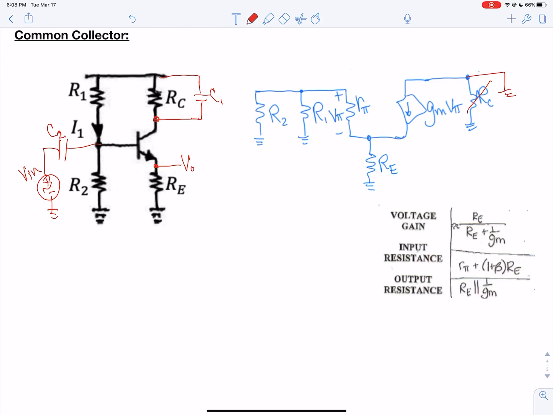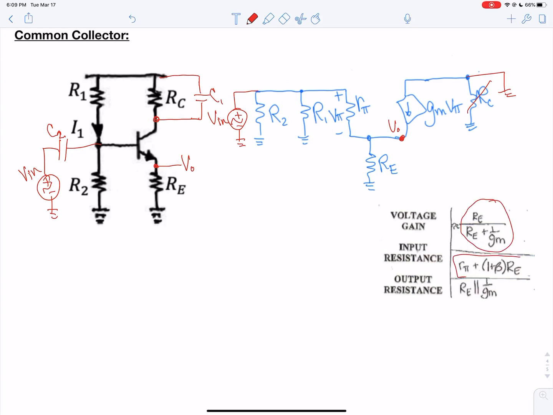And so you can go through again the hybrid pi. This will be in parallel to R1 and R2. And your output now will be taken here, and you can calculate that to get the approximate gain here.